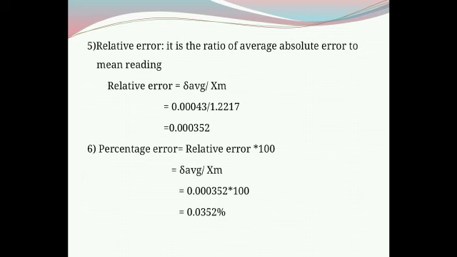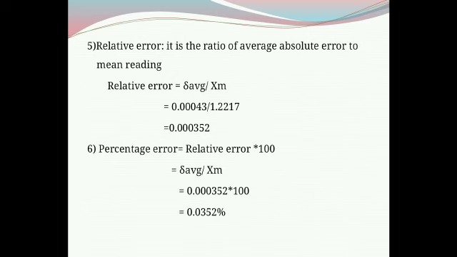Therefore relative error equals delta average upon xm, where delta average is the average absolute error and xm is the mean reading. So relative error equals 0.00043 divided by 1.2217, which is 0.000352.